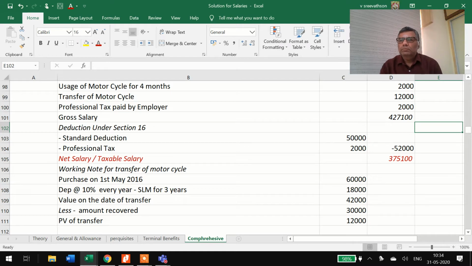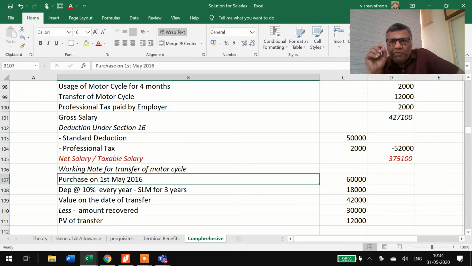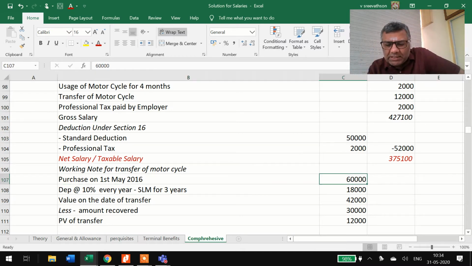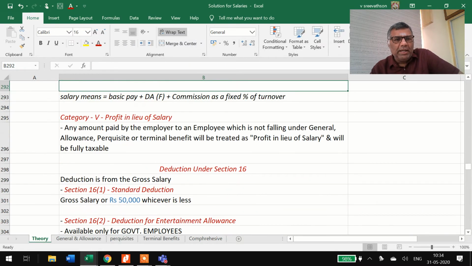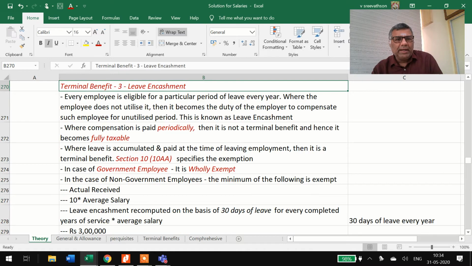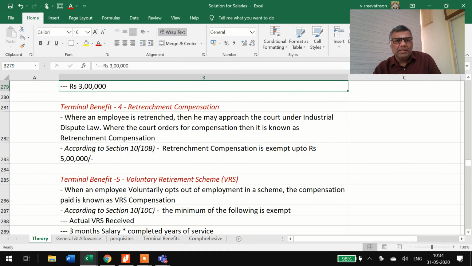Sir, can you explain the working note for transfer of motorcycle? Yes, I can do that. It was purchased on 1st May 2016 for 60,000. This is falling under the category of other assets.